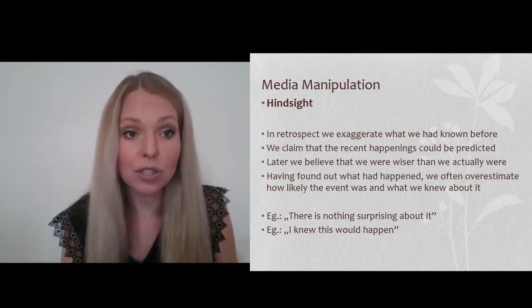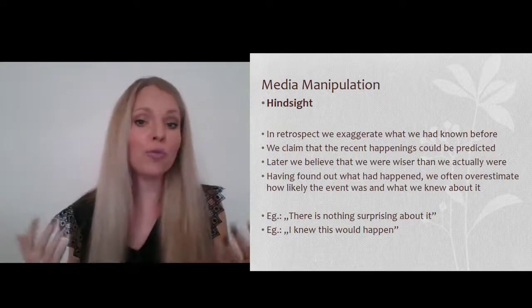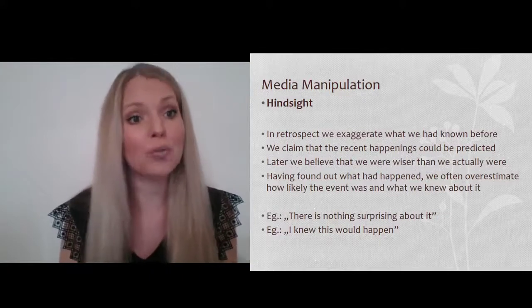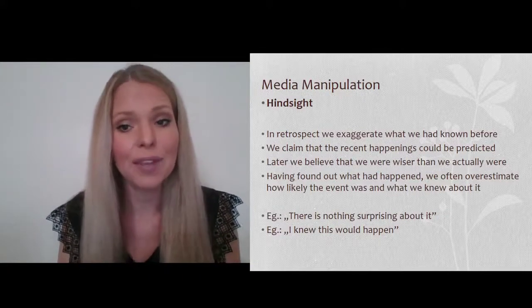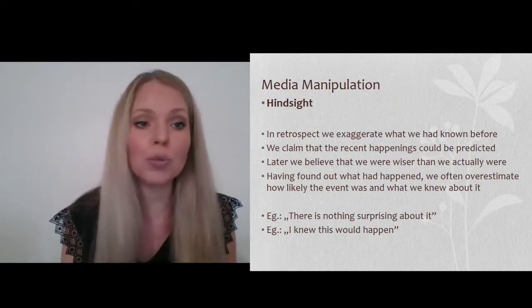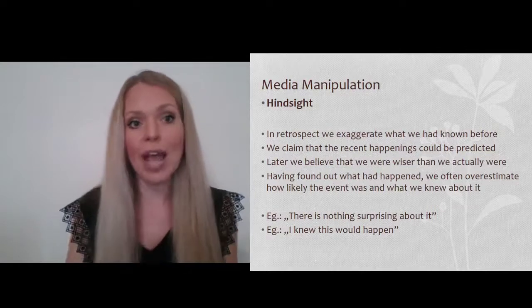This happens all the time, right? Having found out what had happened, we often overestimate how likely the whole happening was and how smart we actually were regarding this whole thing. We often say that there is nothing surprising about it, or I knew it would happen. No, you don't, right?